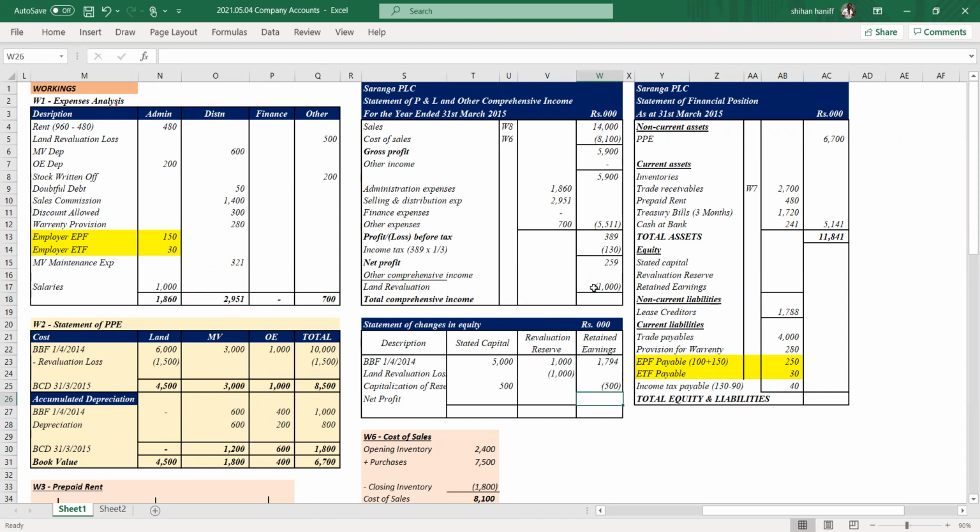Net profit is 259. Stated capital 5,500. There is no revaluation reserve. Retained earnings 1,553.